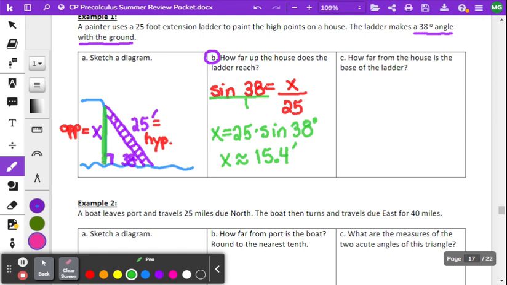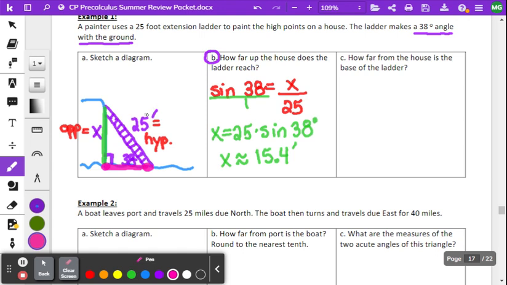Okay. The second question asks us how far from the house is the base of the ladder. Well, here's the base of the ladder. Here's the house. So we're looking for this distance right here. Now again, let's look at using SOHCAHTOA here. We could use Pythagorean theorem now that we have two sides, but we're not going to.